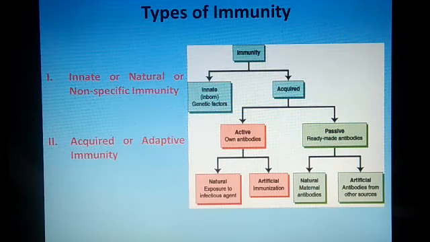And acquired immunity is also known as specific or adaptive immunity, as this type of immunity we adapt and acquire during our lifetime. Acquired immunity is again divided into two types, that is active and passive, as shown here, which are further categorized as natural and artificial, which we will discuss later on.